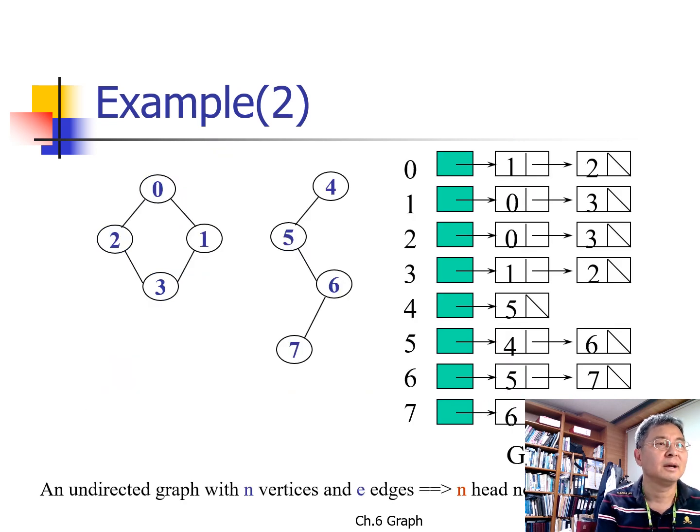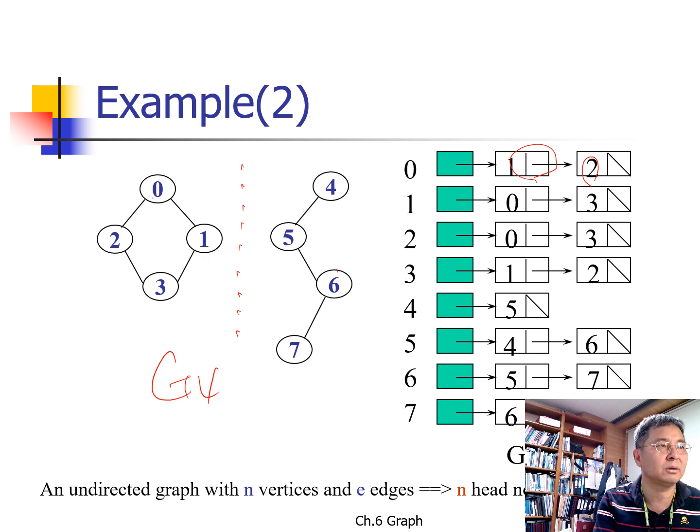Okay, and this is another example, G4. So G4 is a disconnected graph, but the linked list representation has no difference. It can represent every incident node using a linked list.